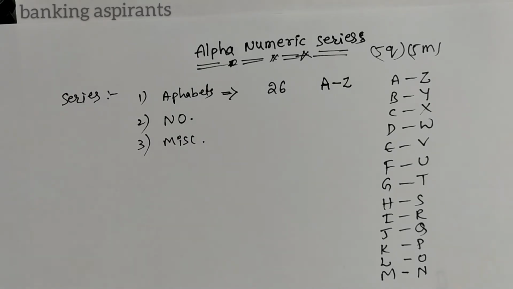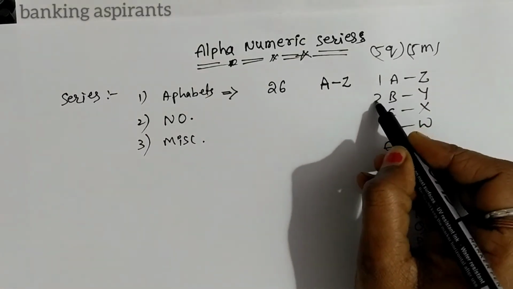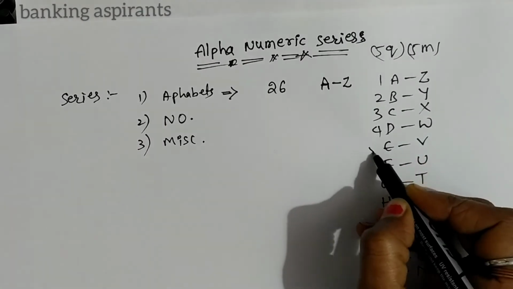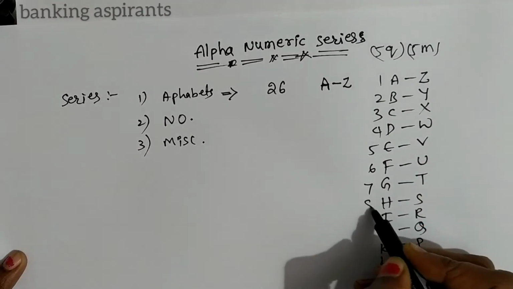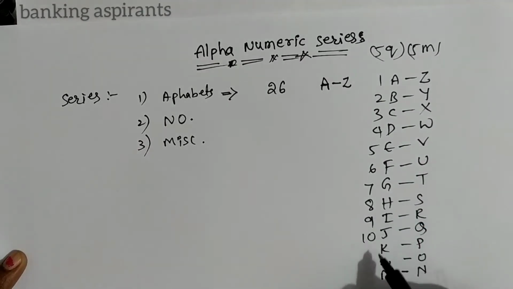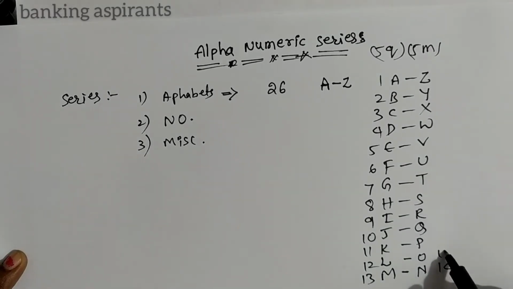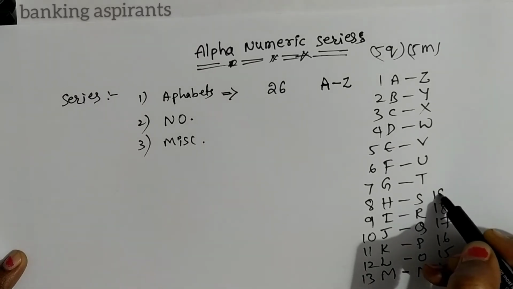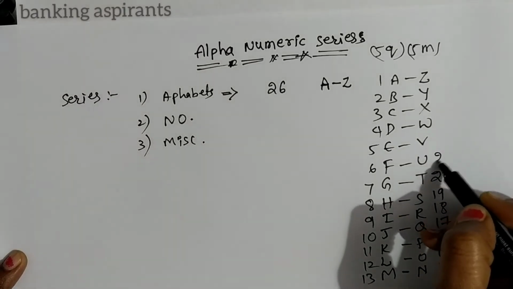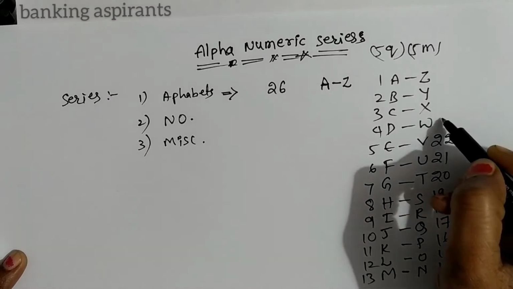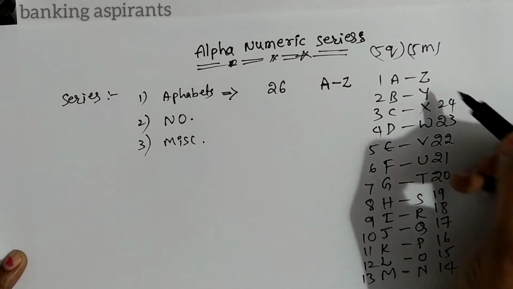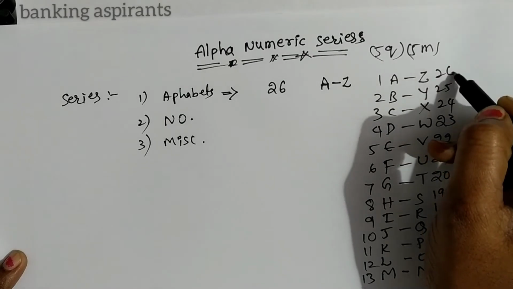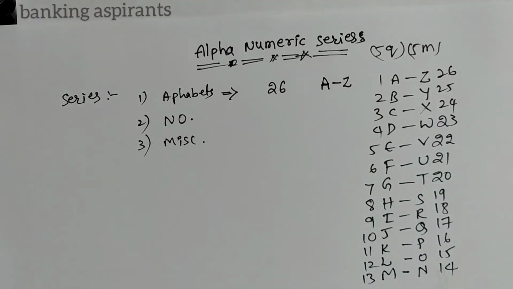Here I am giving numbers 1, 2, 3, 4, 5, 6, 7, 8, 9, 10, 11, 12, 13, 14, 15, 16, 17, 18, 19, 20, 21, 22, 23, 24, 25 and 26.